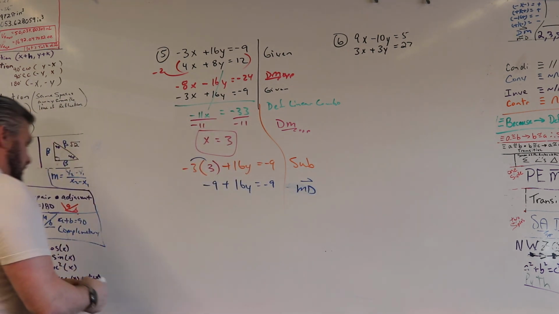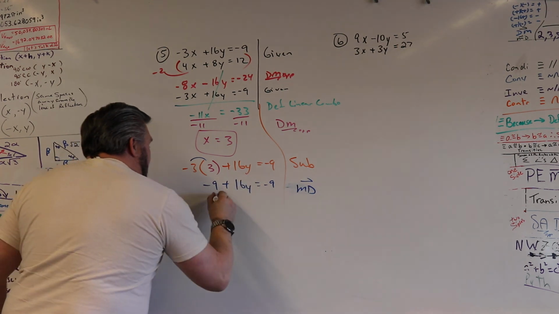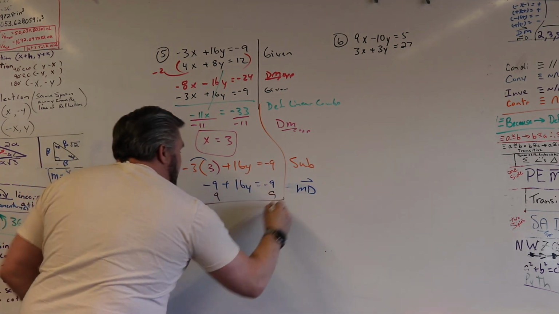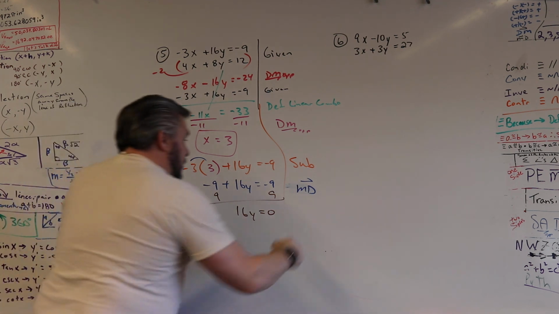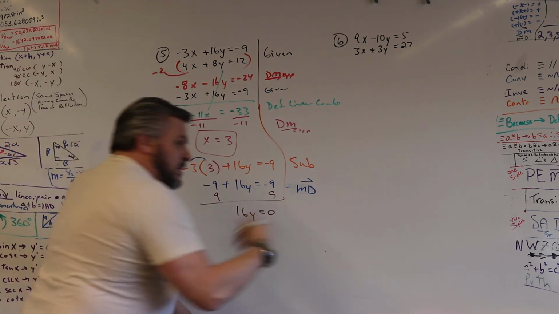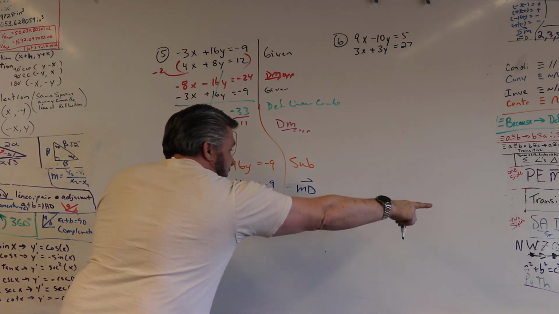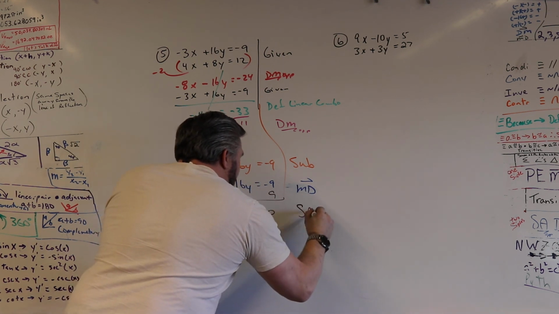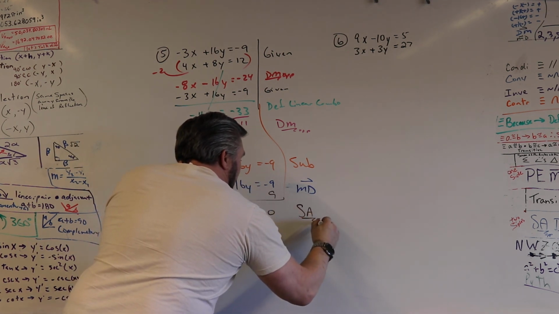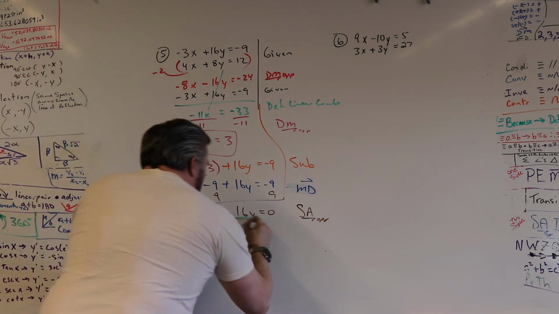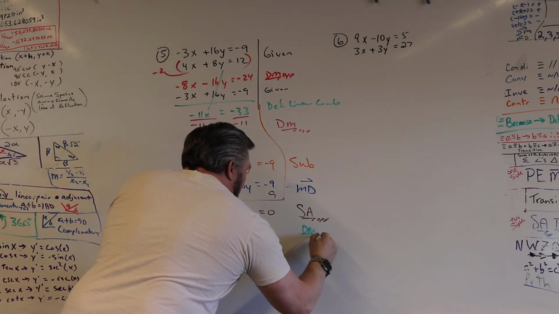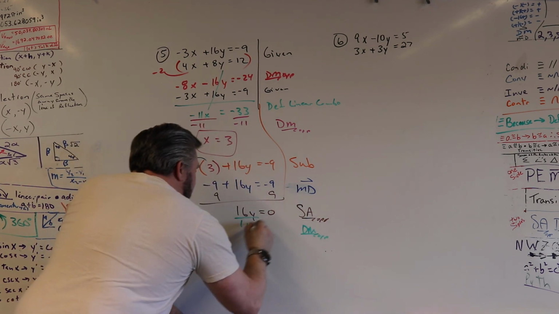Alright, next. I'm going to add 9 to both sides. So I get 16y equals 0. Okay, what did I do? I added to both sides, so SA, OPP. Then I'm going to divide, DM, OPP, by 16.